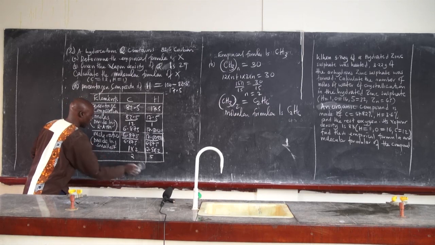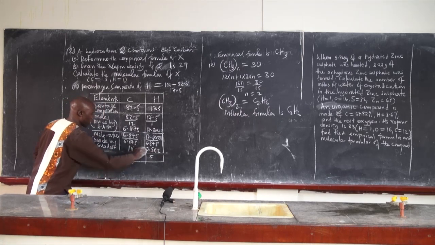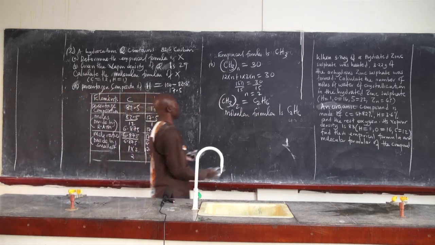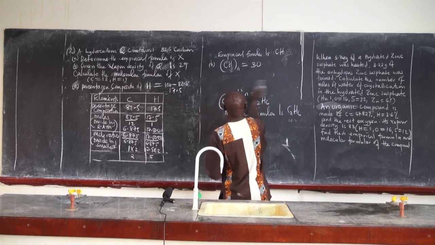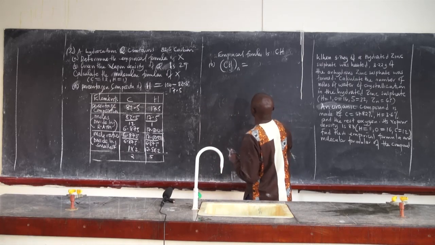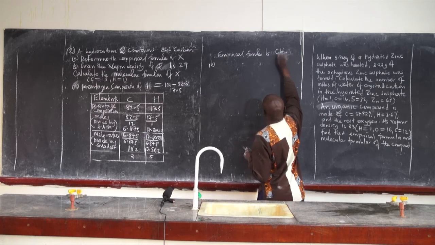Hope you understand that step. Don't round off if it's a 0.5. Get it right there. So the empirical formula is going to be C2H5.